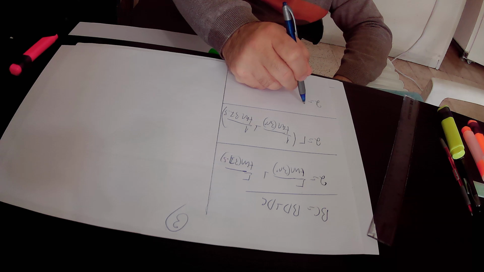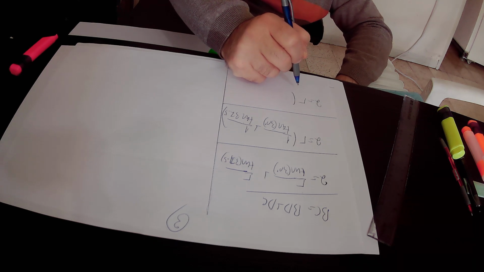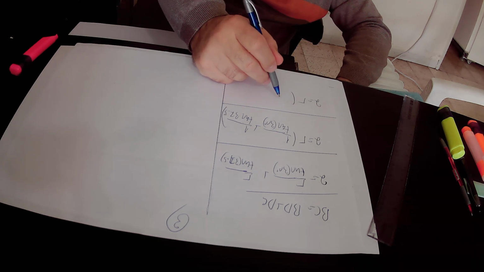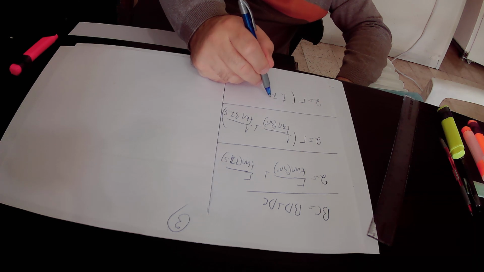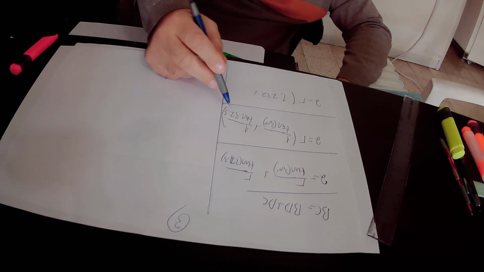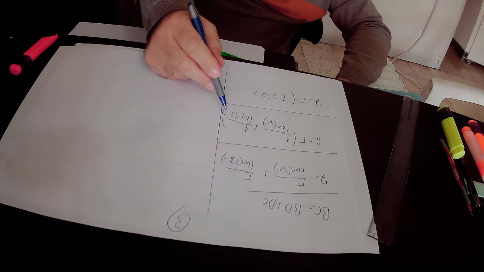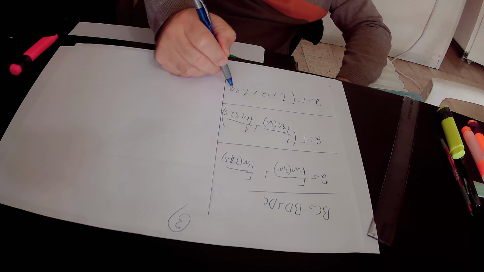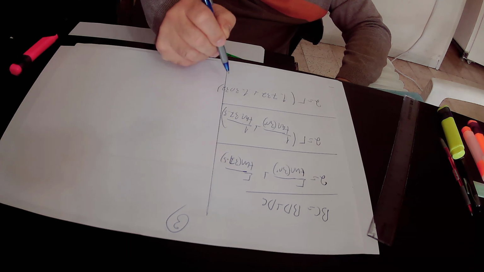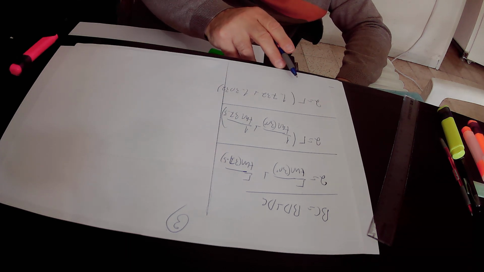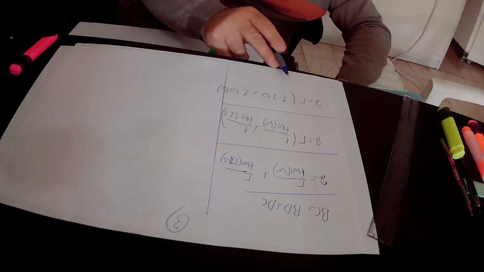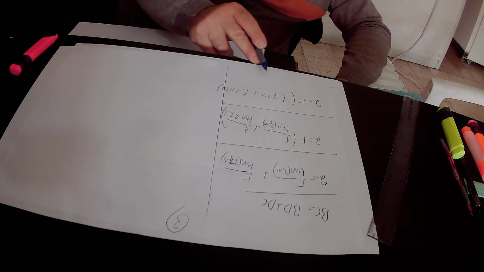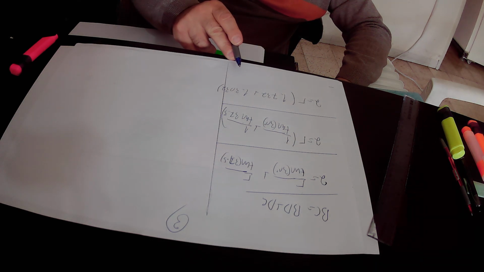So 2 equals R, and 1 over tan 30 degrees equals 1.732, plus 1 over tan 37.5 degrees, which equals 1.3032. So we found out that 2 equals R times 1.732 plus 1.3032.